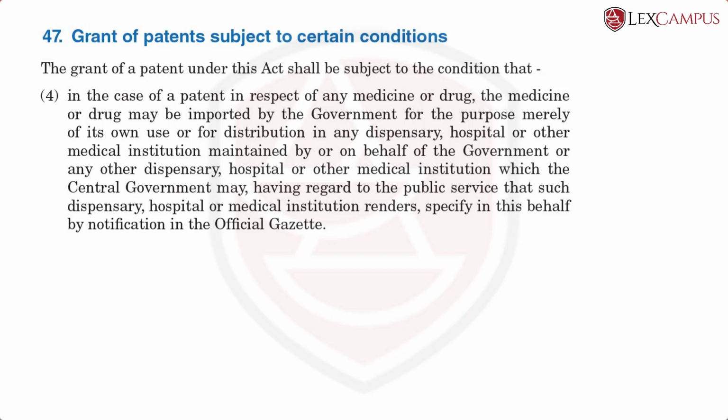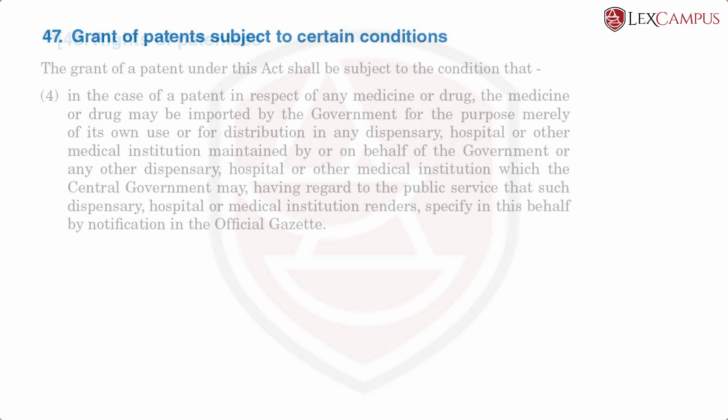In the case of private hospitals, the government needs to make a notification saying that in the light of a health emergency, these drugs, though they are patented, will be available. That is again a condition on which the patent is granted, which means if the government does this, there cannot be a cause for complaint by the patentee.